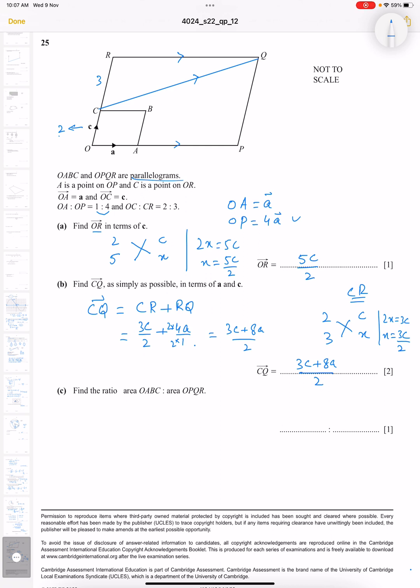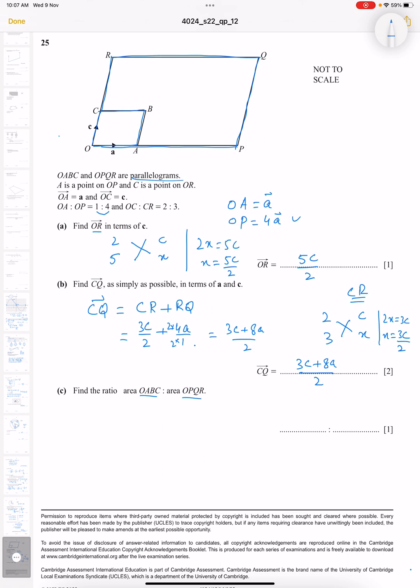Now in C part, we have to find the ratio of area of OABC to area of OPQR. Means the area of this smaller parallelogram to the area of this larger parallelogram. One fact you should know is that these parallelograms are not similar.